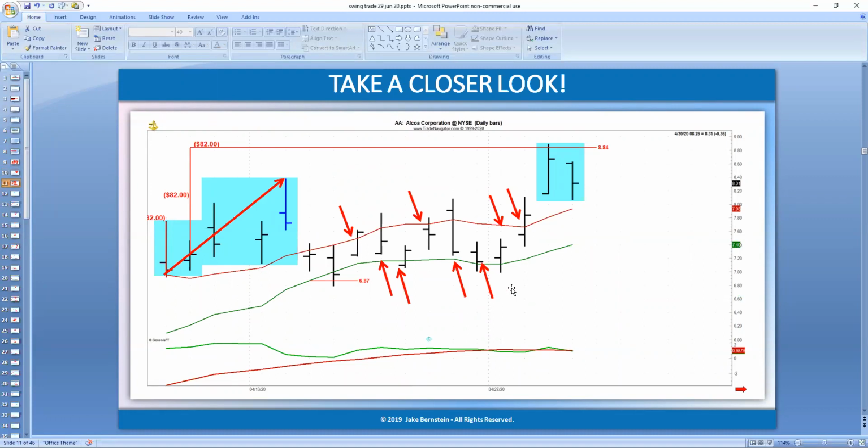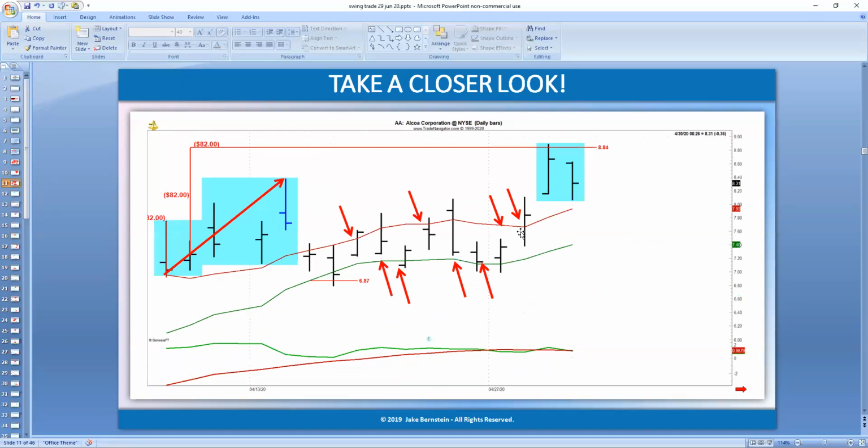Same chart, closer look. So let me run through it. 5-bar pattern right over here. 2-bar pattern right over here. Buy trigger, exit. Buy trigger, exit. Buy trigger, exit.